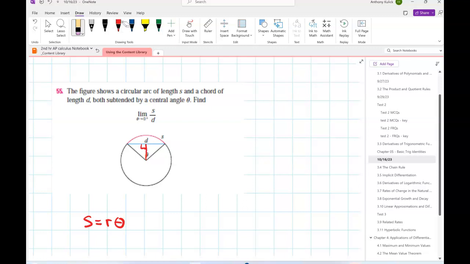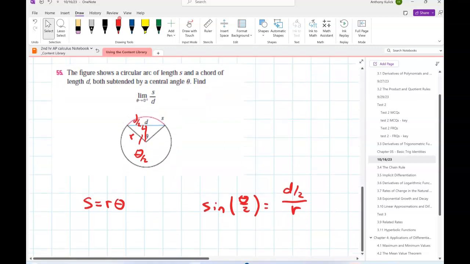So if we draw that right triangle in, it has angle theta over 2, hypotenuse r, and side d over 2. So sine is opposite over hypotenuse. Everybody's okay there?